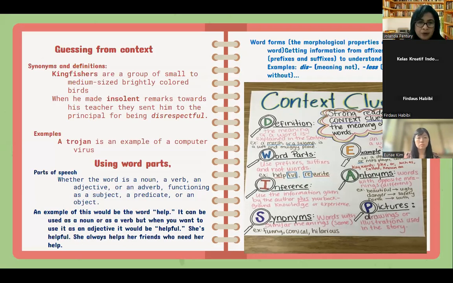And for word form, we can use affix and also suffix. That is the context clue that we can give for the students to understand the text and know the vocabulary by using definition, word parts, inference, synonyms, examples, also pictures. Next, Pak Dada.